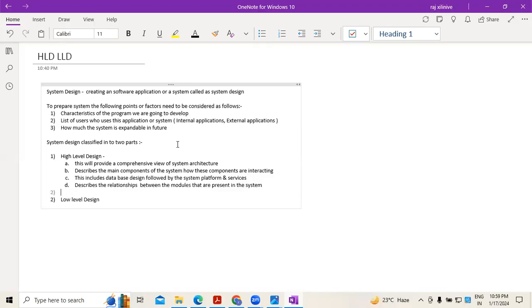So this is where the high level design is used.